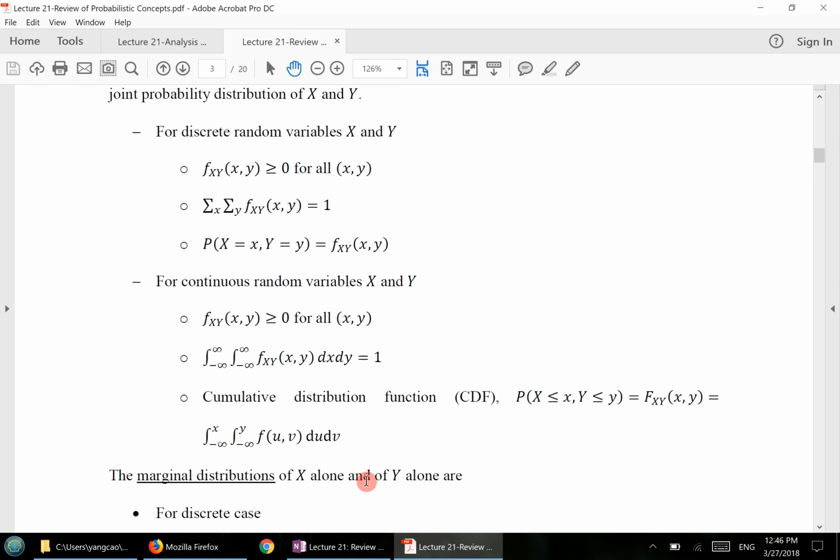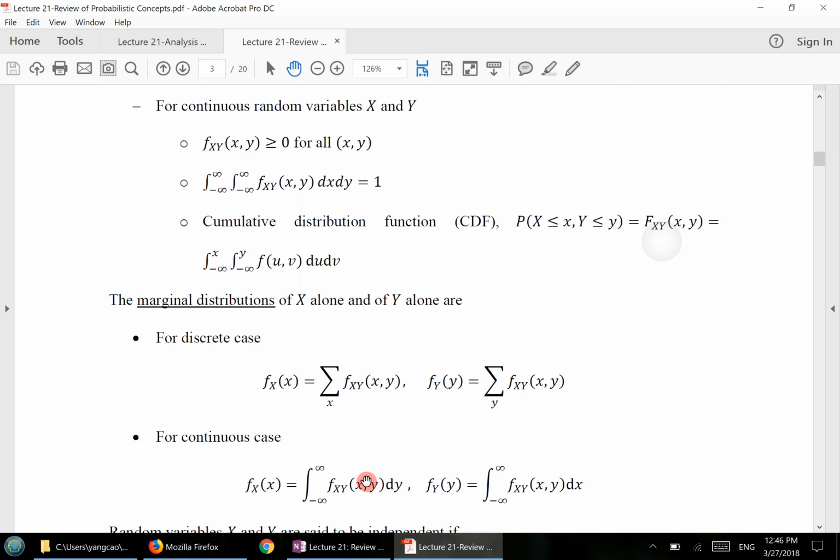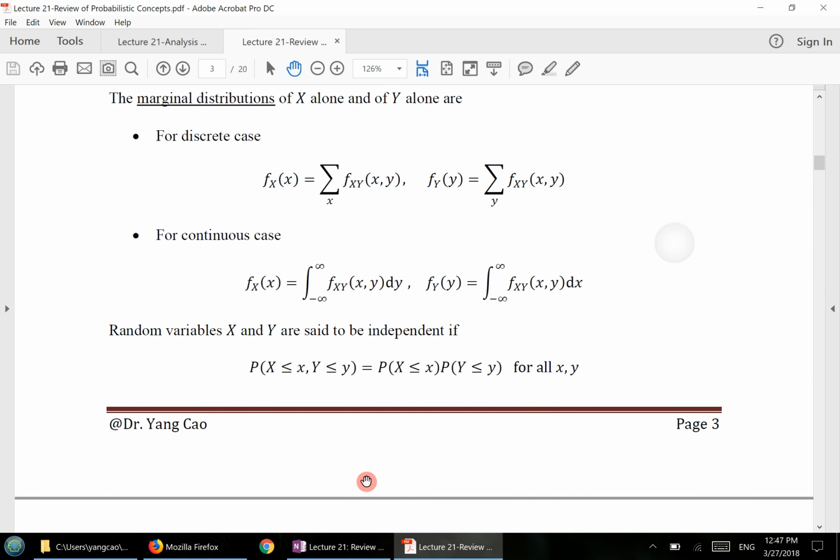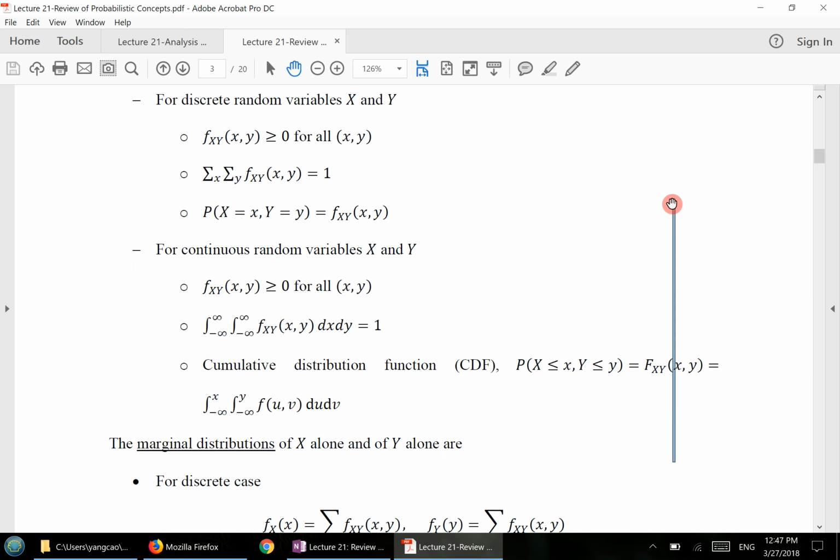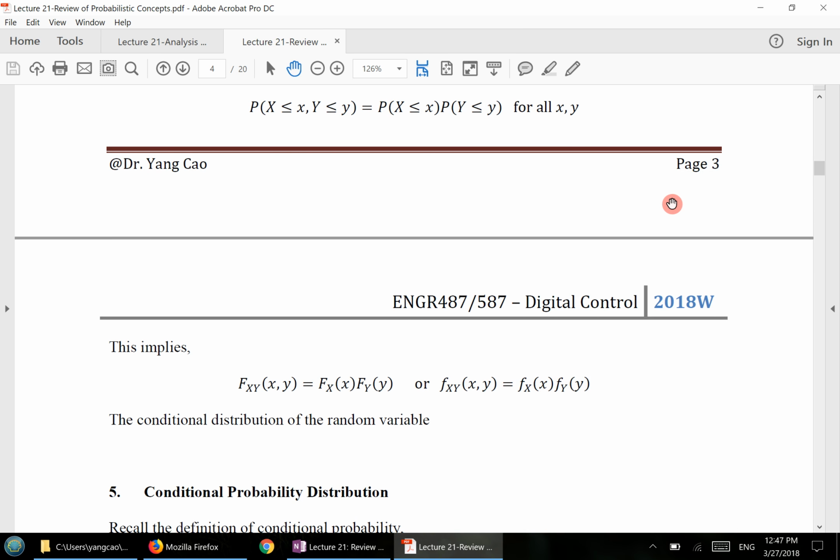There's one special case: if the 2 random variables are independent, then the joint probability distribution equals the probability distributions of the individual random variables multiplied together. So that's when x and y are independent.